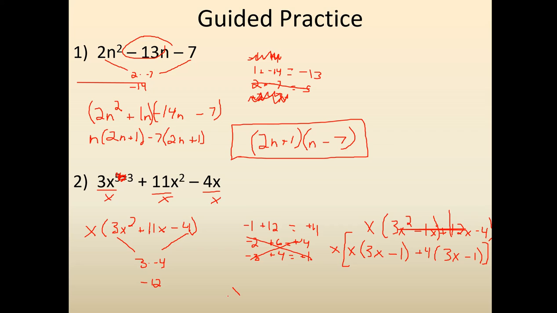So my final answer is the x from before, the 3x minus 1 that they both share, and then I'm just going to put the two terms from in front, the x and the positive 4. And this is my final answer.